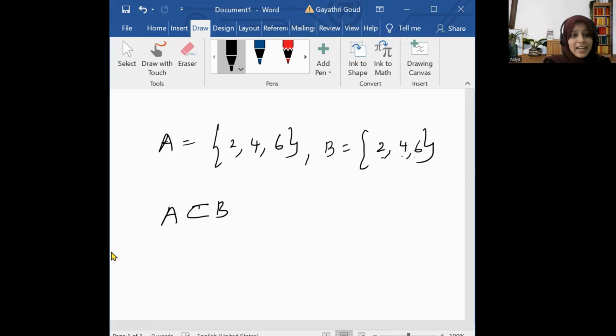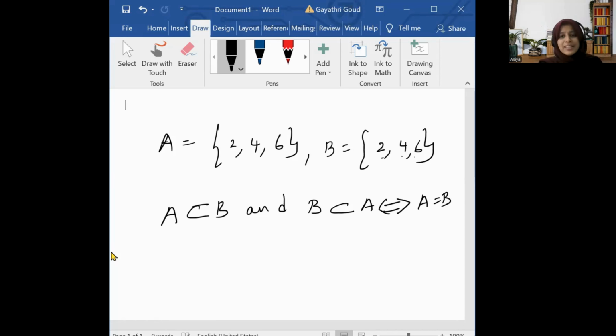Now, I can also write B is a subset of A. Why is that? Because the same elements, 2, 4, and 6, are also present in A. So here, A is a subset of B. Also, B is a subset of A, if and only if A is equal to B.